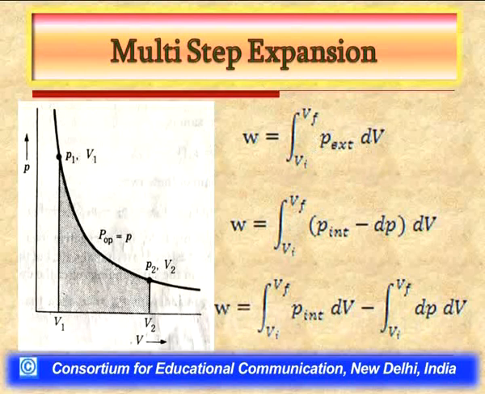There are a number of steps, at each step we are replacing a mass object, and therefore we are varying the external pressure. This external pressure will not be very different from the internal pressure of the system at each step, but at each step it will be just a little bit lesser than the internal pressure. So, if from the internal pressure we subtract a small value of pressure, that is dP, it amounts to the external pressure.